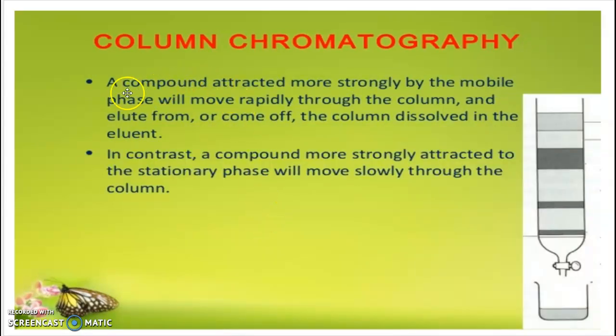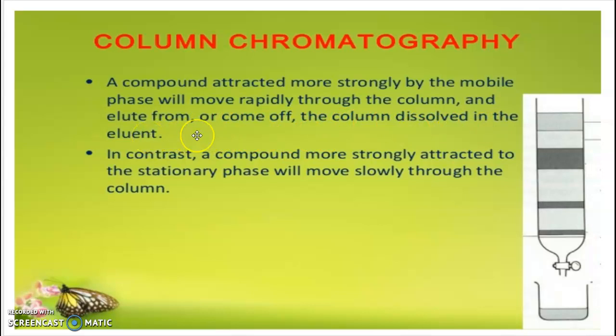Column chromatography. A compound attracted more strongly by the mobile phase will move rapidly through the column and elute from, or come off, the column dissolved in the eluent. Okay, this is called the eluent.